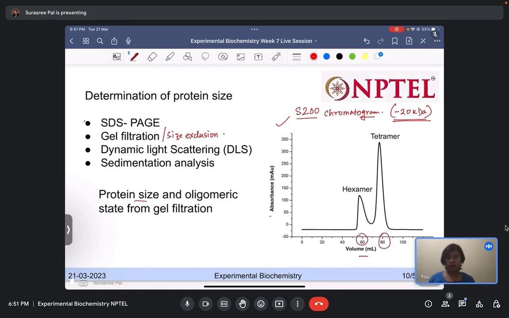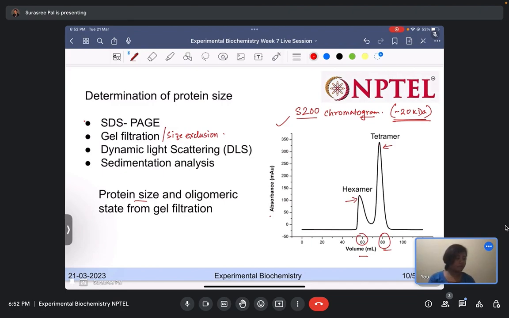Now from the calibration curve of this particular chromatographic column, we can determine the molecular weight of the protein in these peaks by analyzing the retention volume. To understand this calibration curve in detail, please go back to the chromatographic techniques session, in which I had discussed it.